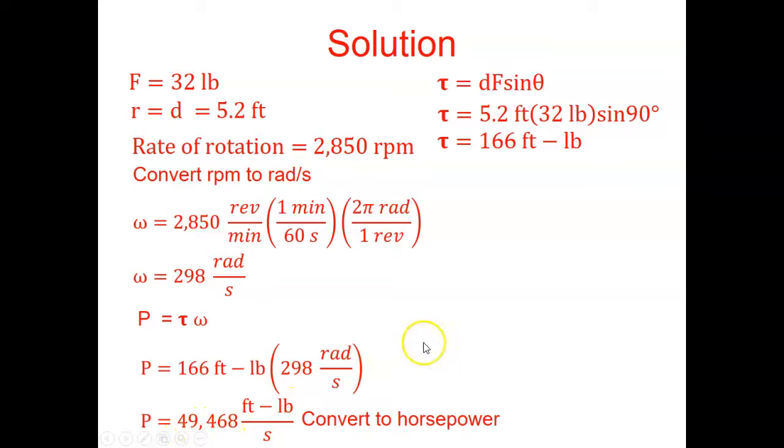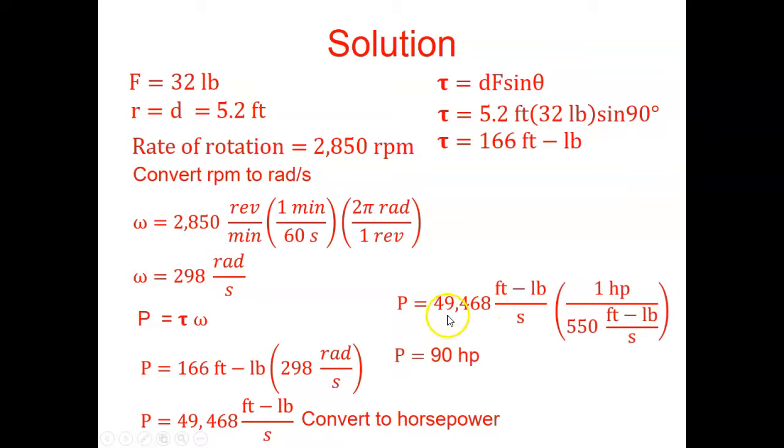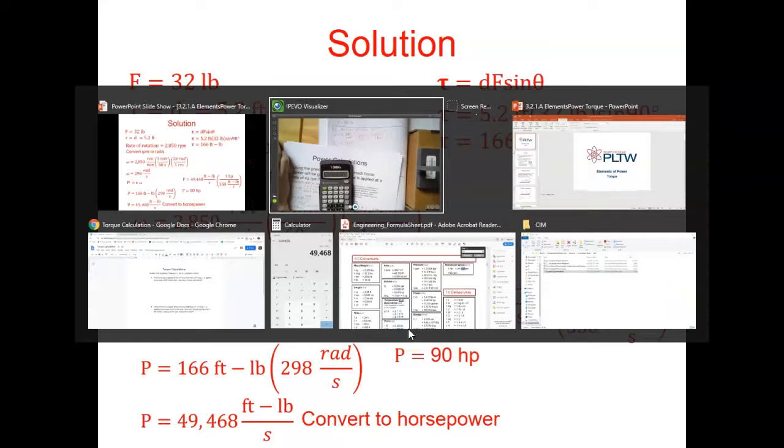Then you convert that to horsepower by taking 49,468 and dividing that by 550. It comes out to 89.9 something, so I just rounded that up to 90 horsepower. So that's how you calculate torque and horsepower.